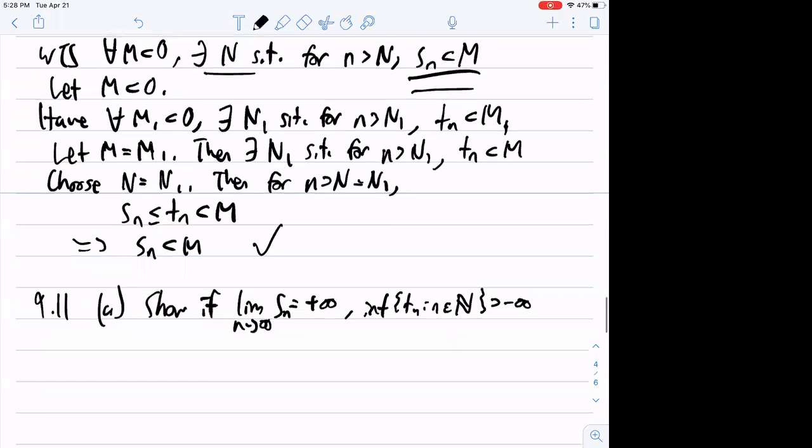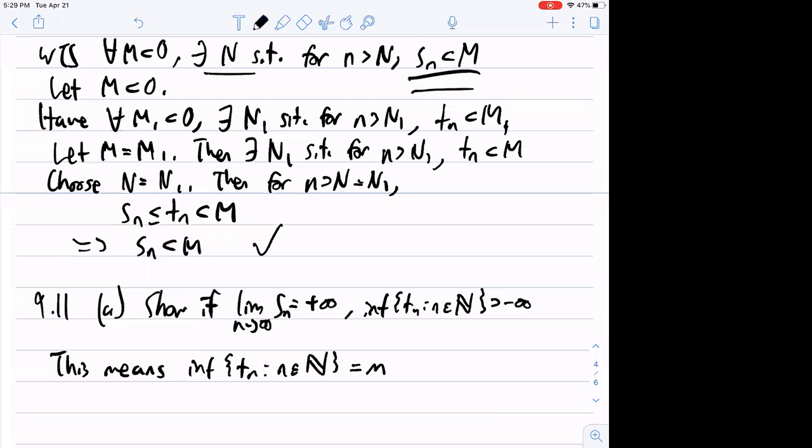So before I write anything, what does this mean? This means this is just some number. What letter? Yeah, let's use little m.